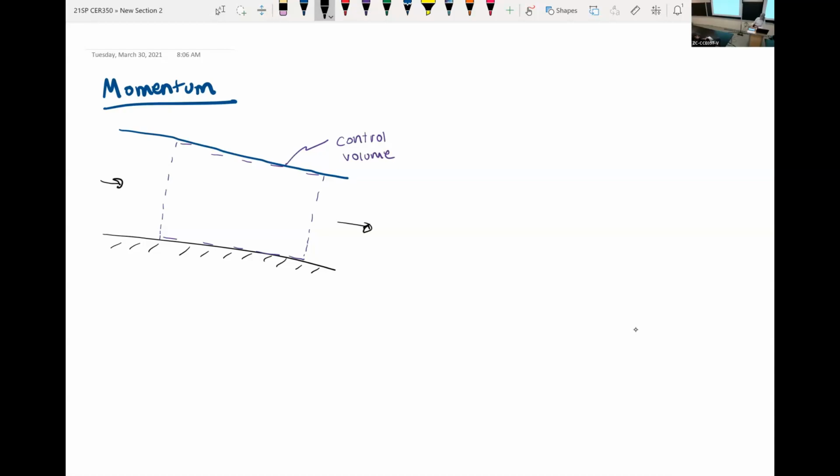Downhill gravitational forces driving the flow in open channel. And we can derive our momentum expression based on our general form of the conservation of momentum equation. Sum of all forces is equal to Q rho V2 minus V1.